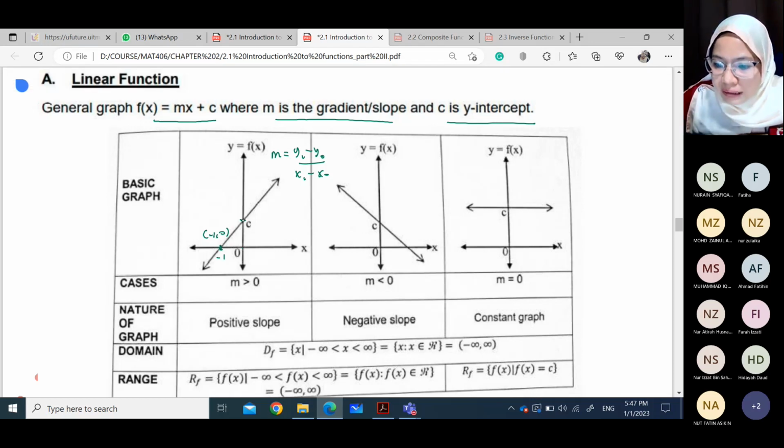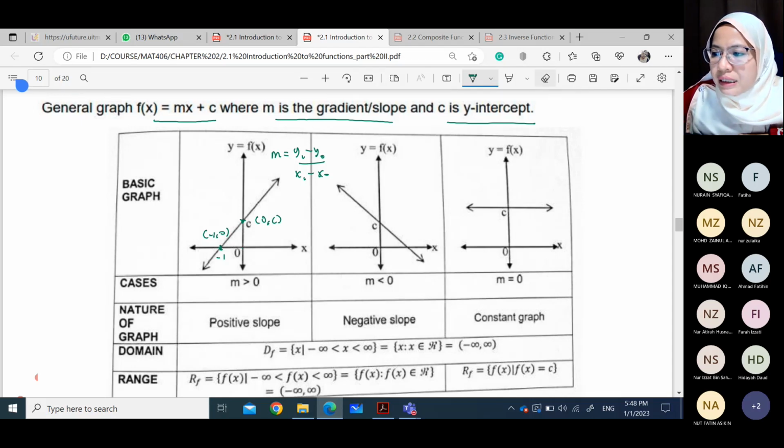And you also can take this point. Point yang ini, yang ini c. X kosong kat sini, so 0, c. Contoh c tu, kita letakkanlah nilai dia. Nilai dia katakan 3 dekat situ. 0, 3. So, kita boleh cari m ataupun slope. So, the slope here is m equal to Y1 minus Y0.